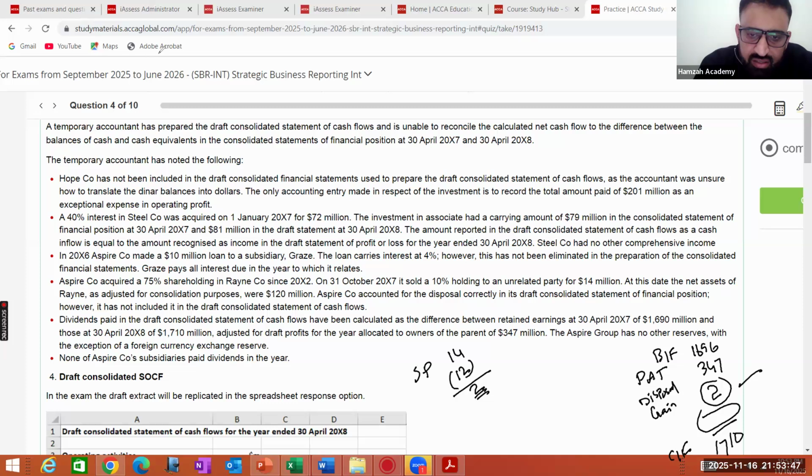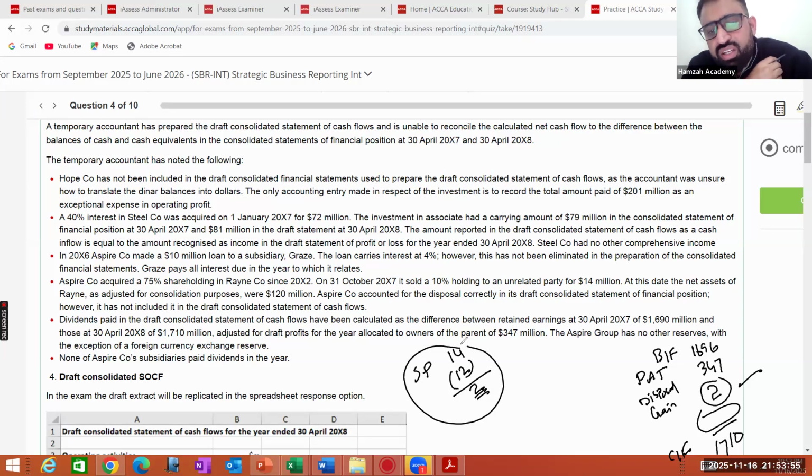This is a gain of 2 million on a transaction between owners. Transaction between owners means you dispose some holding, but you didn't lose control. So the gain or loss will be calculated. Bank will be debited with 14, NCI will be credited with 12, and the difference is the gain or loss, and that would be reported in retained earnings. They have missed that gain. That needs to be reported.